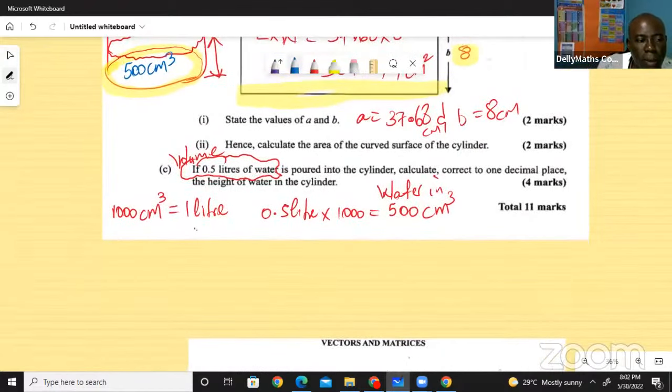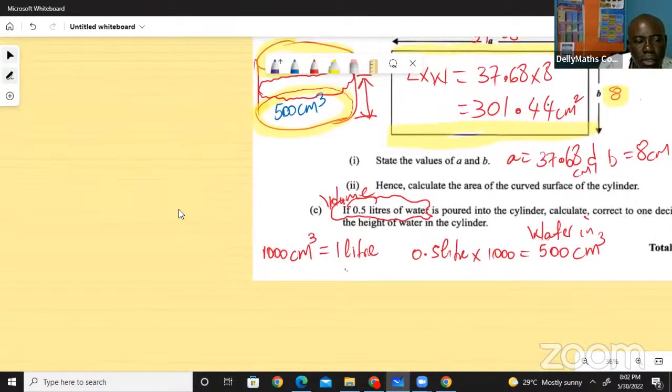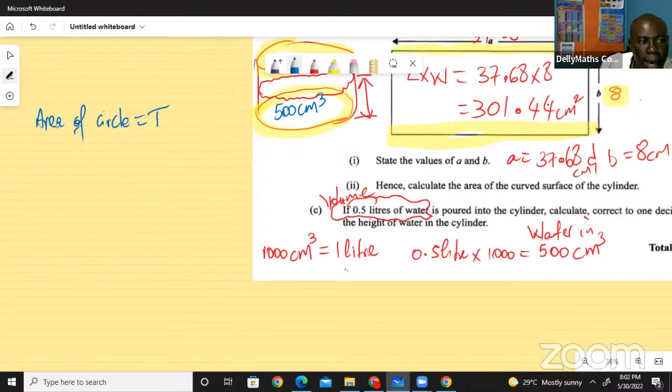Area of the circle, remember the radius was 6. So the area of the circle is equal to pi r square, which is equal to 3.14 times 6 square.